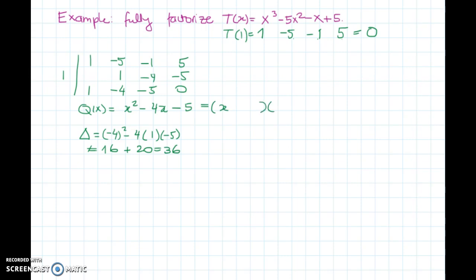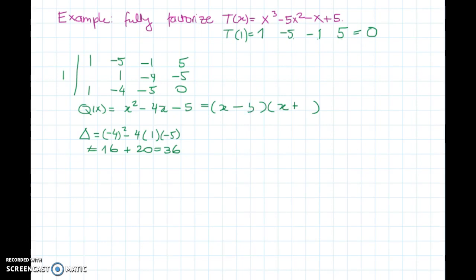So let's see if we can just look at the sum and the product of the roots. We're going to have x something times x something else. One of the signs has to be negative, but the other one has to be positive, by looking at the signs of the coefficients. And the product has to be negative 5, and the sum has to be negative 4.